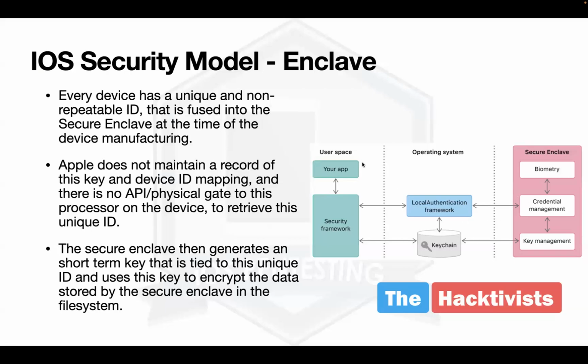Whenever we are storing this kind of sensitive data, like our facial recognition data, your fingerprint data if your phone has Touch ID, your credentials within your browser, application-related sensitive data, and our health records, which we can store in the Health app in iOS, or in Apple Pay if you are storing a credit card or debit card, all of those specific things will be available within the secure enclave.